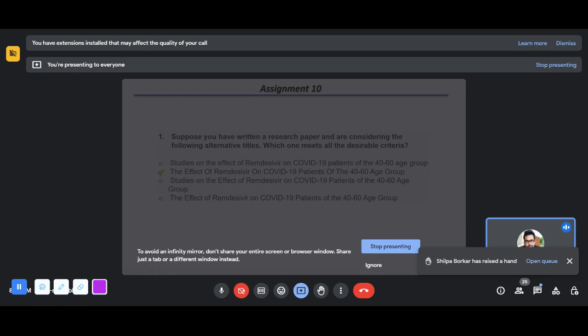You can see this is most appropriate in the sense that it describes the work in a very crisp and elaborate way, and usually it should be within a limit of 10 words, but there's no hard and fast rule for that.